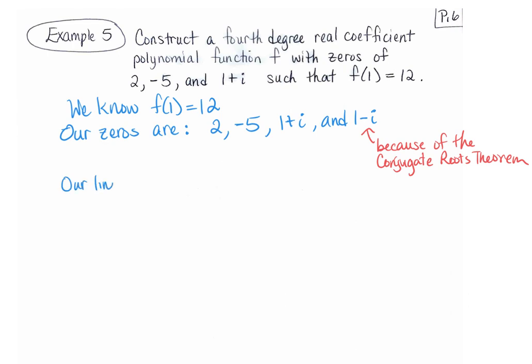x minus 2. Hold on. Our linear factors are, go ahead. x minus 2. Mm-hmm. x plus 5. You just write it standard before you try to simplify it. Is it x minus 1 minus what?